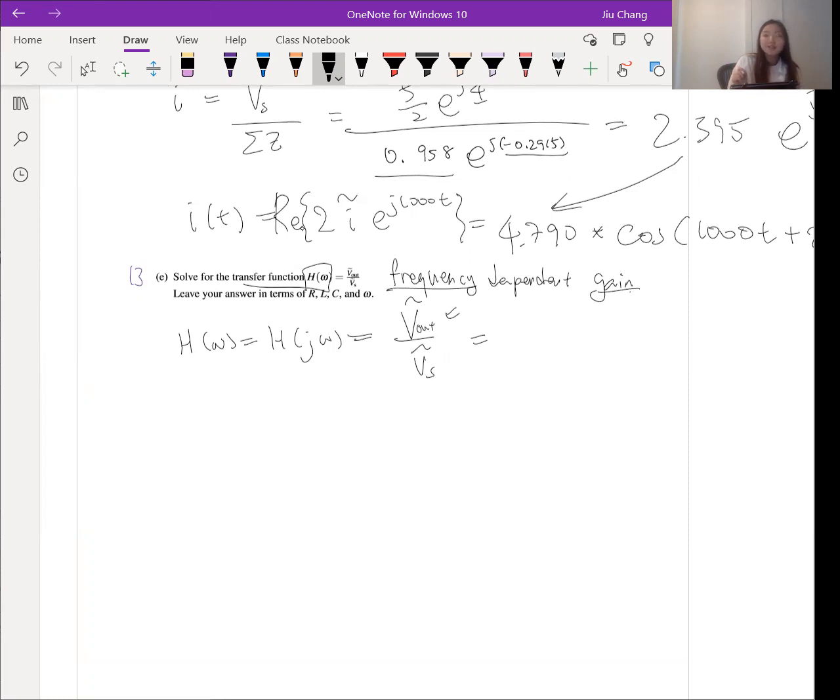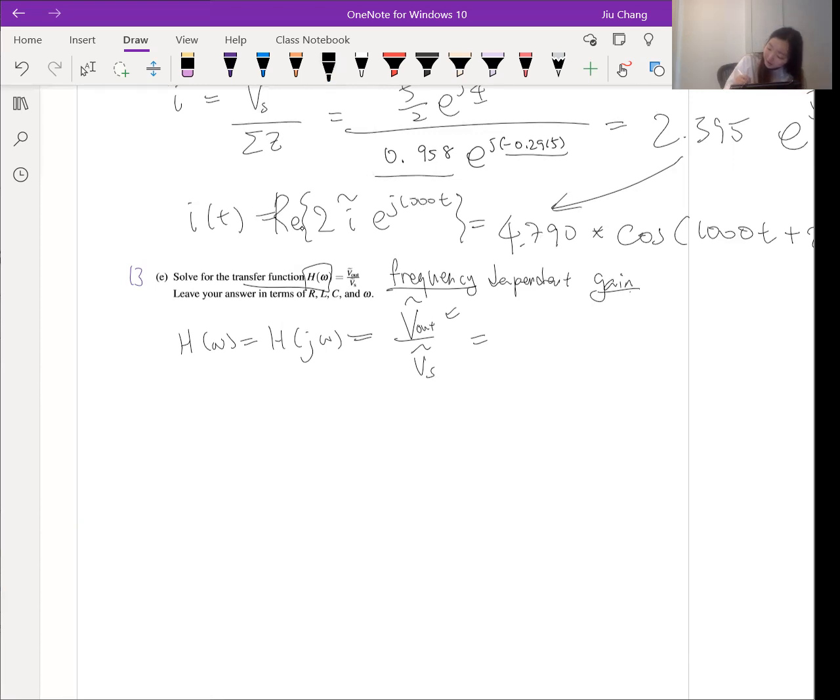So we can't use the V out phasor we solved for in part B, because there we assumed that our omega equals 1,000. So we can't solve for that.